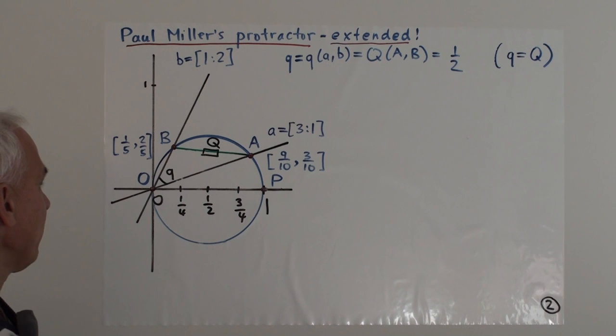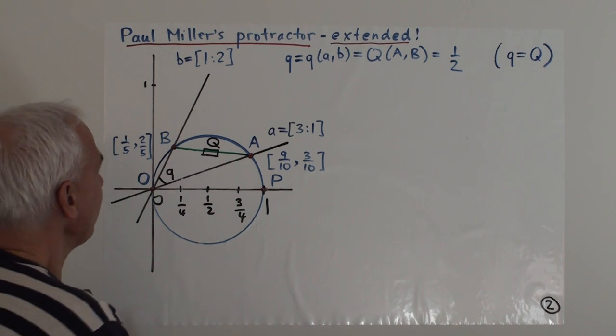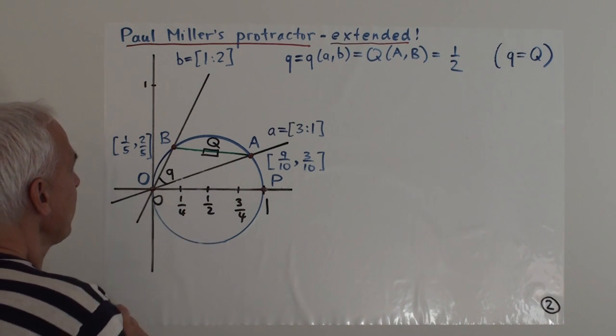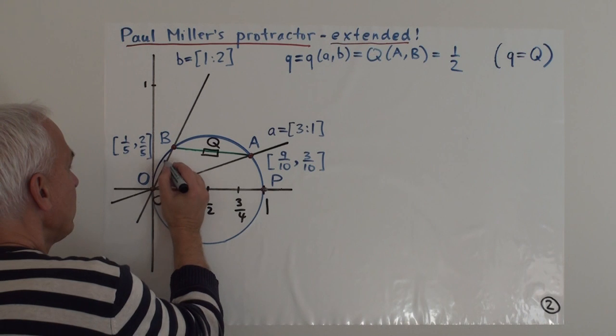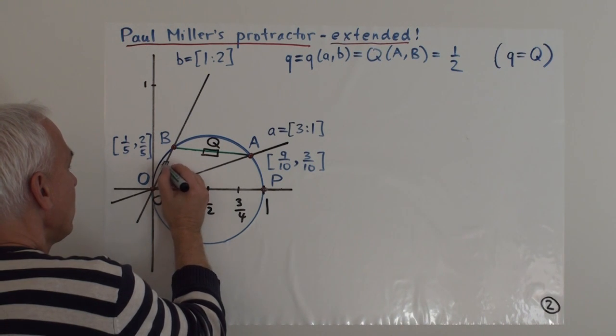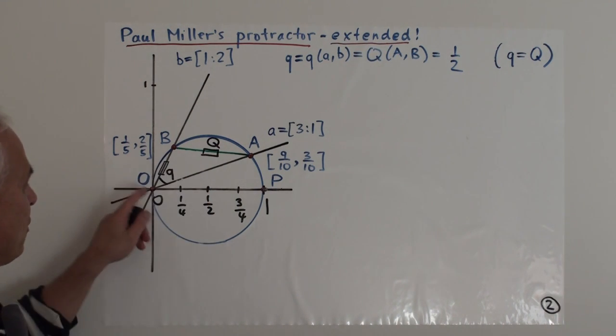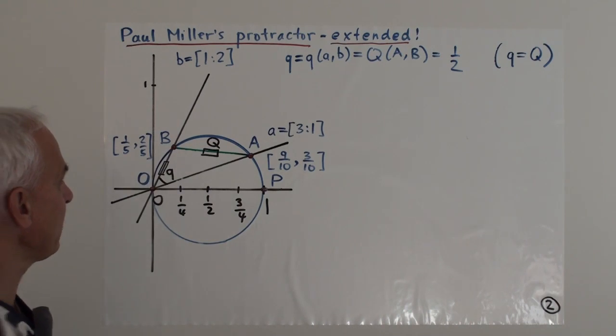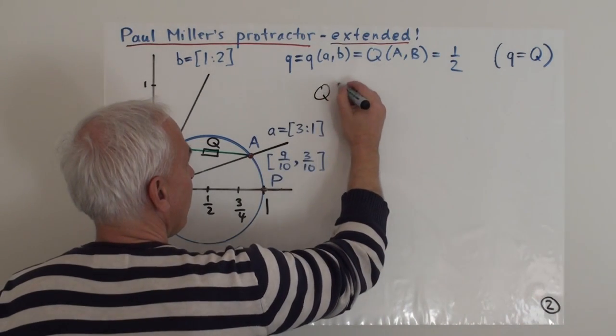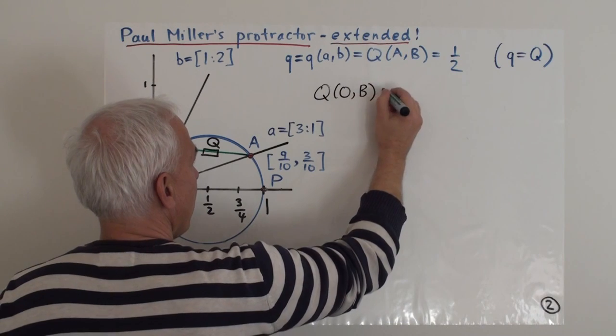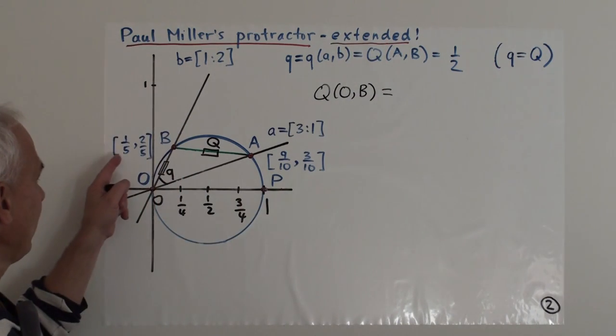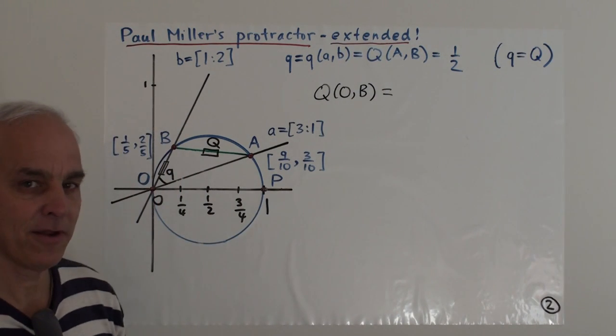And I want to remind you of a few other things in this story. So suppose that we're interested in, for example, this quadrance here, the quadrance between O and B. Well, that's very easy because it's just this thing squared plus this thing squared.